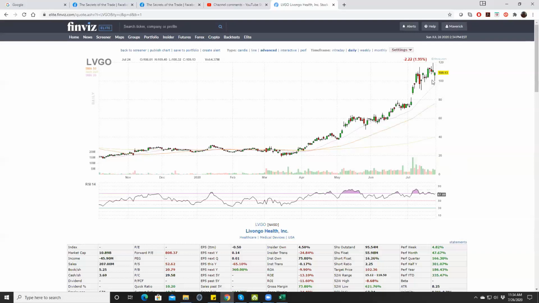And we would want to take a position when it breaks out above a particular level. In this particular case, probably one of these candles in here, I would want to take a position.